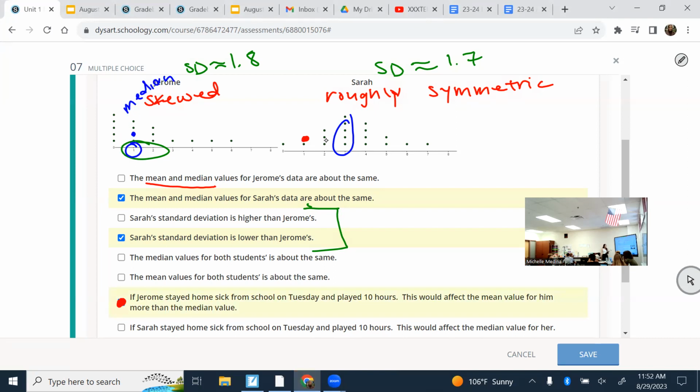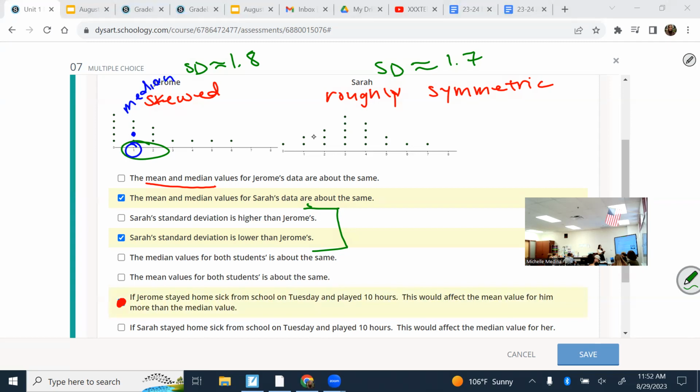Because it does affect the mean more than the median for him. And then for Sarah, if she stayed home sick on Tuesday and played 10 hours, this would affect the median value for her. Medians usually aren't affected by outliers, but you can know for sure because you can see all the dots.